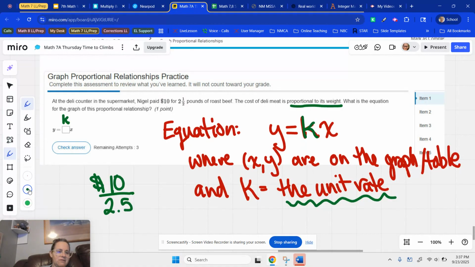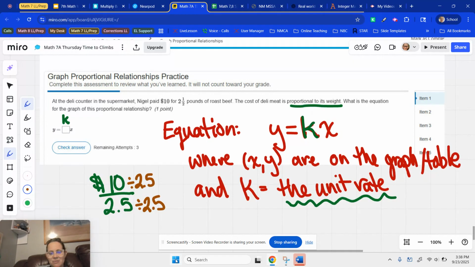And then to find the unit rate, I'm going to go ahead and divide. I'm dividing by 2.5 because I want to know the rate per 1 pound. Okay, so now I have 10 divided by 2.5.